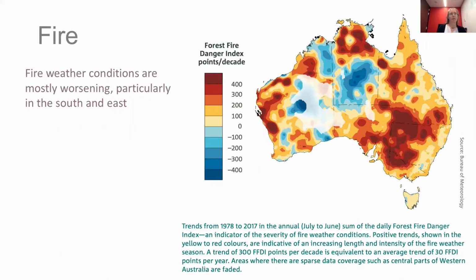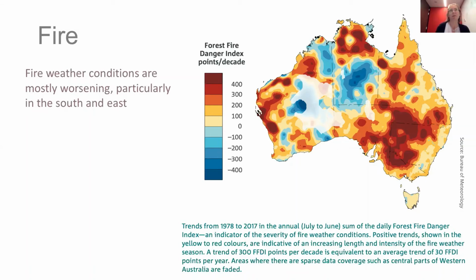Okay, I'll just say a few words about fire. So, as we know, fire weather conditions are worsening, particularly in the south and southeast. This is a map of the Forest Fire Danger Index trend. And that's important for carbon balance, because under a regime of fixed fire frequency, we would expect net fire emissions to contribute negligibly to the overall carbon balance of the continent.